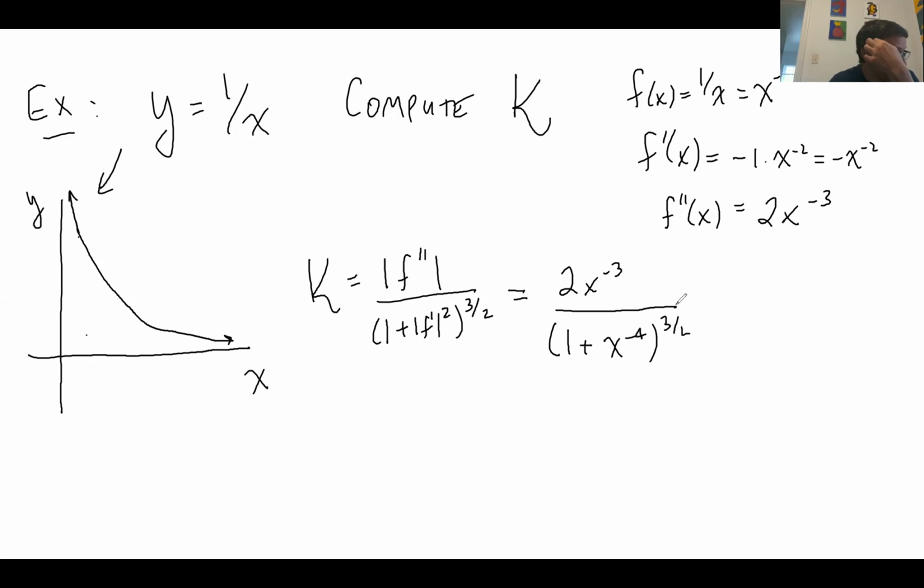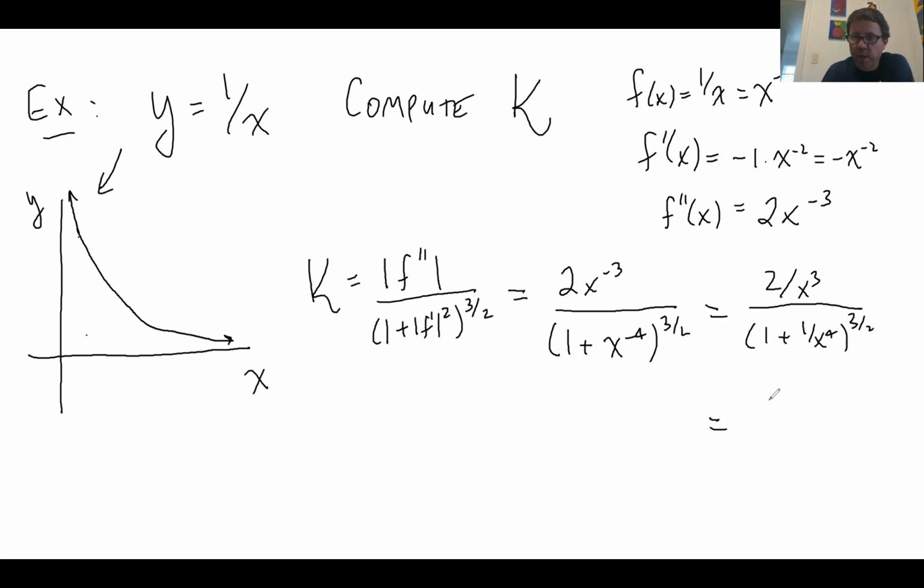So it's not super pretty. If you don't like the minus powers in there, I guess you could rewrite it as 2 over x cubed and 1 plus 1 over x to the 4th raised to the 3/2 power. I guess I could clean that up a little bit if I wanted to, just for practice here.